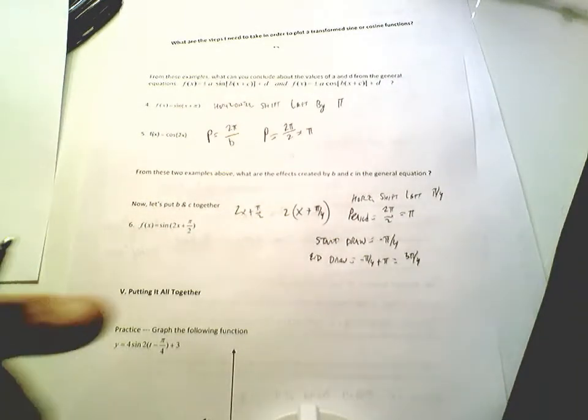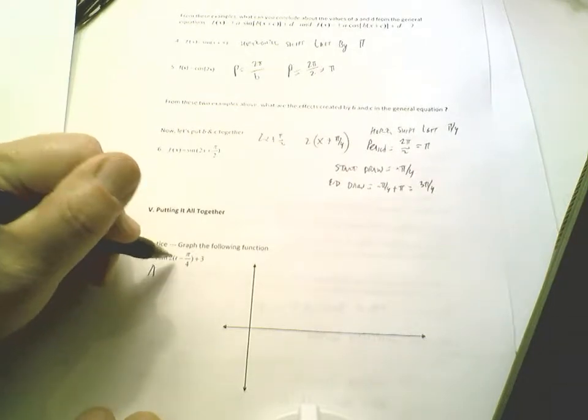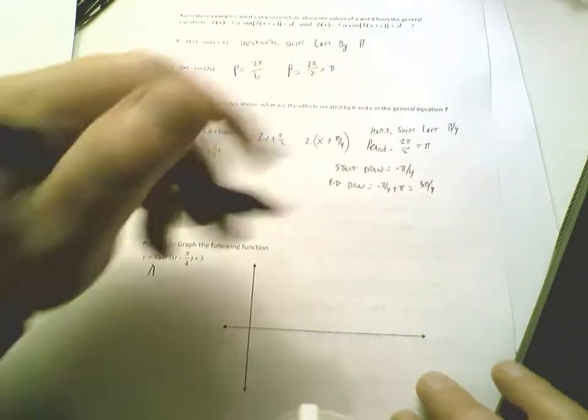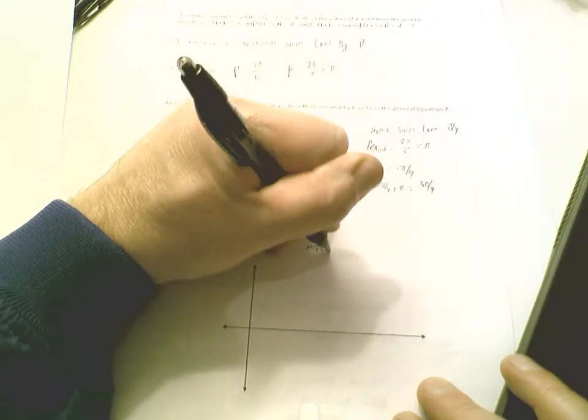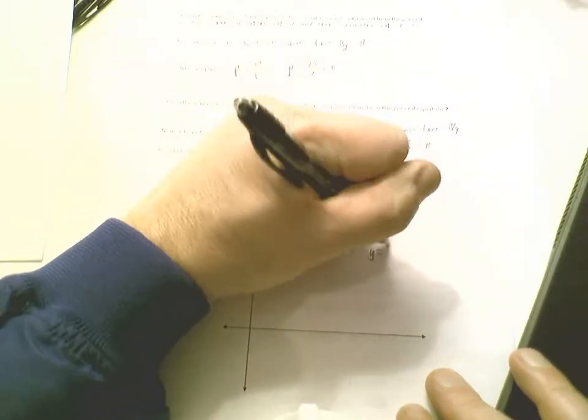Let's do a full-fledged example. y equals 4 sine of 2 times t minus pi over 4 plus 3. Lots of different pieces here. Plus 3, the midline, moves up 3, midline at y equals 3.